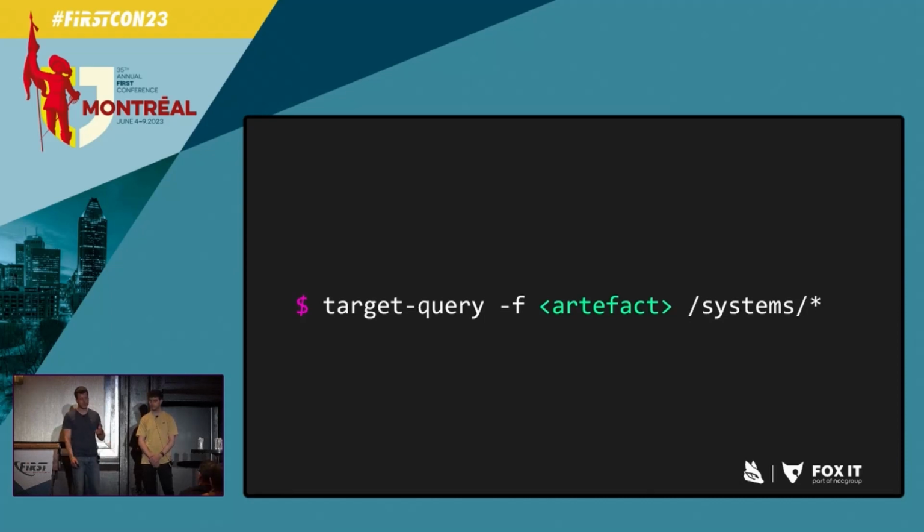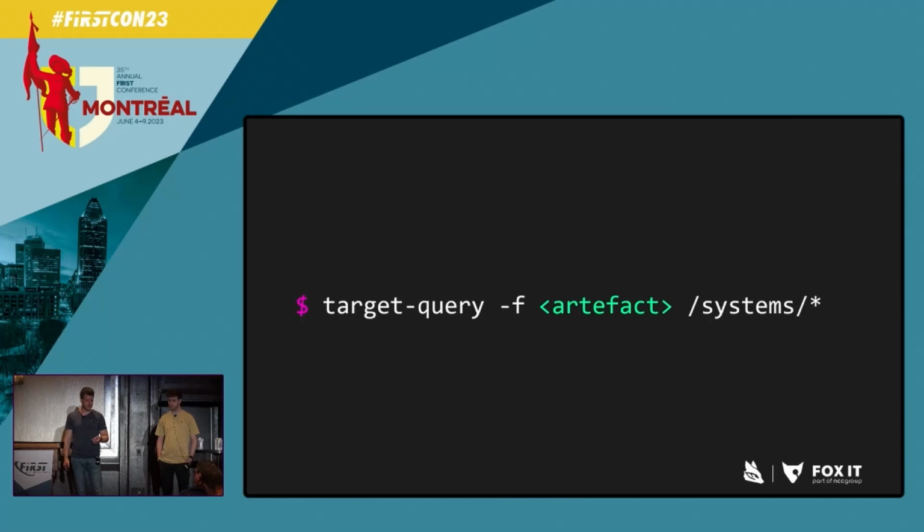Yeah, so what we are going to explain is of course about large-scale incident response, and we'll do a deep dive as well. But the Dissect framework enables you to leverage tools like target-query. Target-query is one of the main commands you will have available when you use the Dissect investigation and processing framework. So for example, here you see a command line.